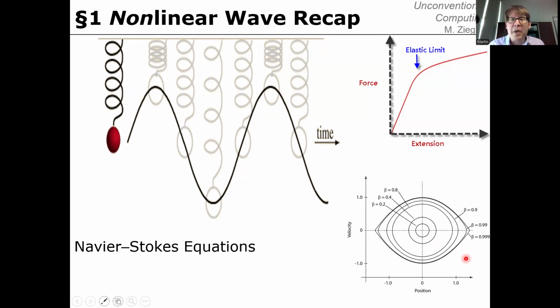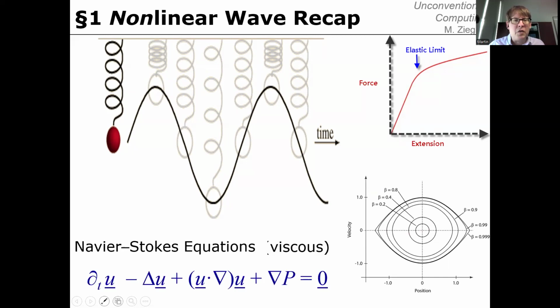One famous one that you may have heard of is the Navier-Stokes equation. The Navier-Stokes equation is used to describe waves or other motions of a liquid, such as water, if the liquid is viscous, like honey, for example. Okay? Viscous fluids are described by the Navier-Stokes equation, and this is a nonlinear equation.